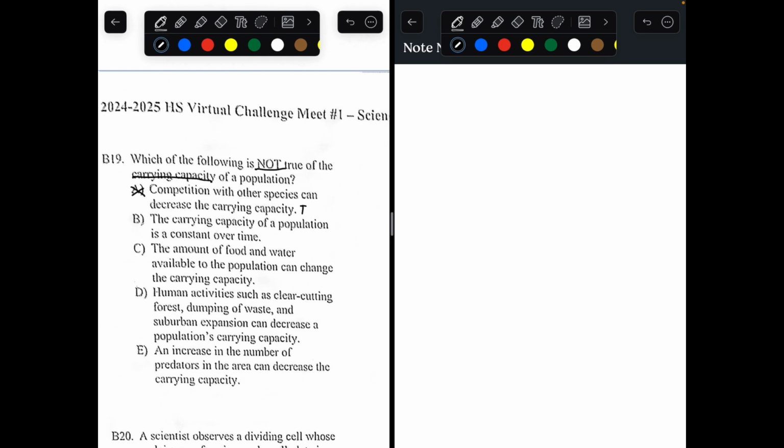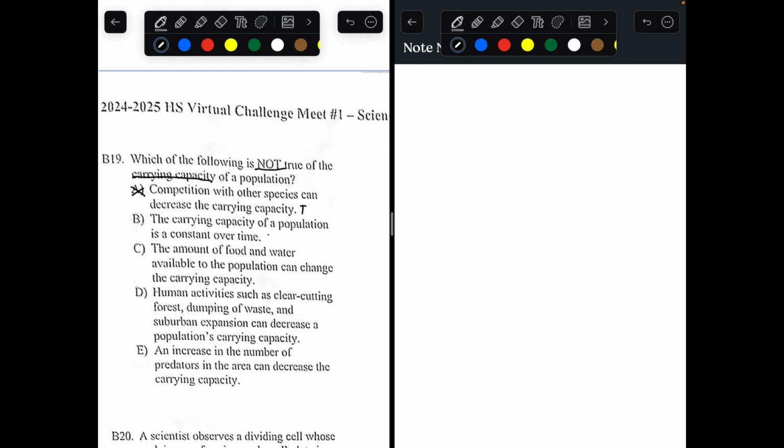B. The carrying capacity of a population is constant over time. There could be so many environmental factors that will throw off the carrying capacity. A volcanic eruption can burn so many plants that now there's less food for animals to eat. That will lower the carrying capacity completely.